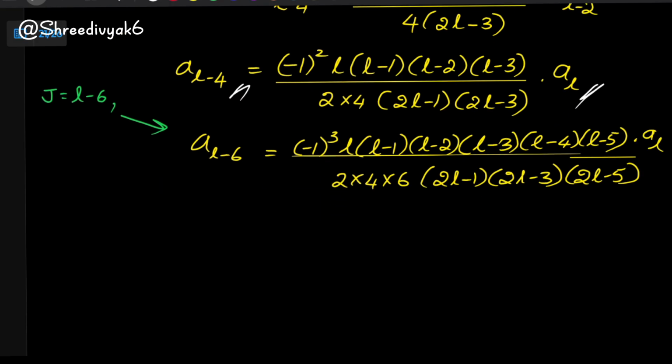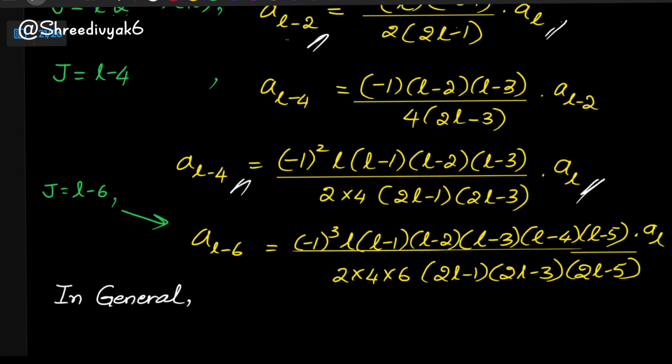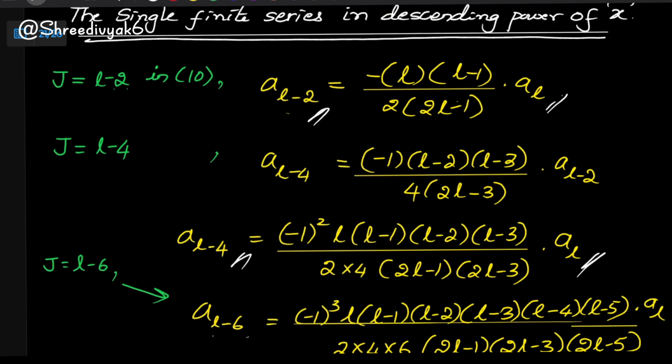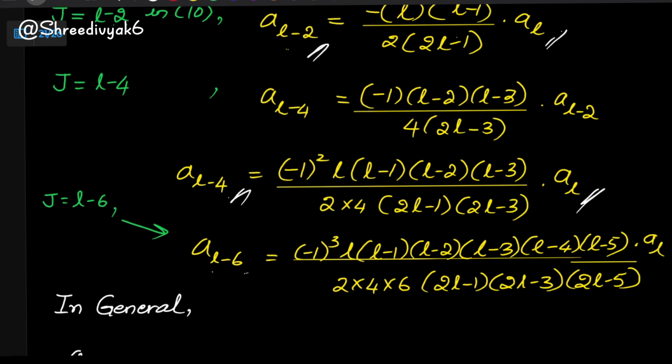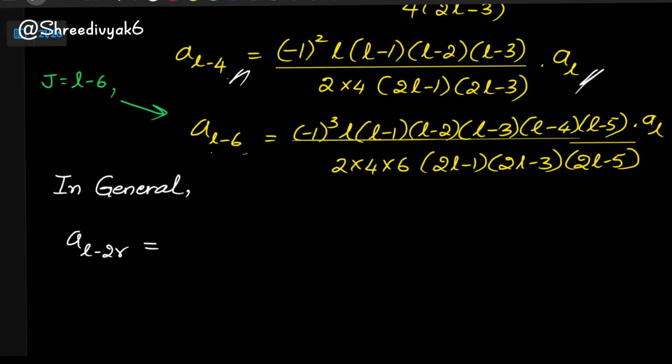Right? So in general, I can write the general coefficient, look at that, L minus 6, L minus 4, L minus 2. Can I write it as A L minus 2R as my coefficient? Yes. L minus 2 3s are 6, L minus 2 2s are, L minus 2 1s are, like that, L minus 2R.